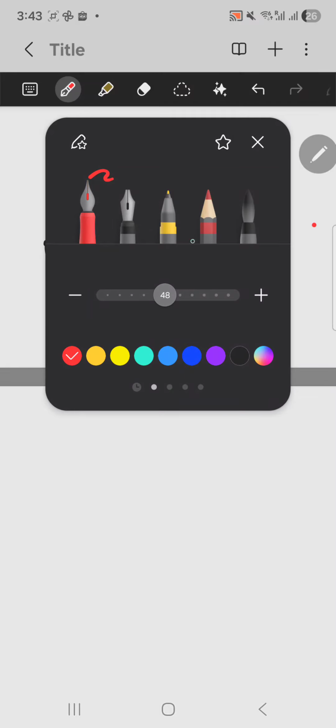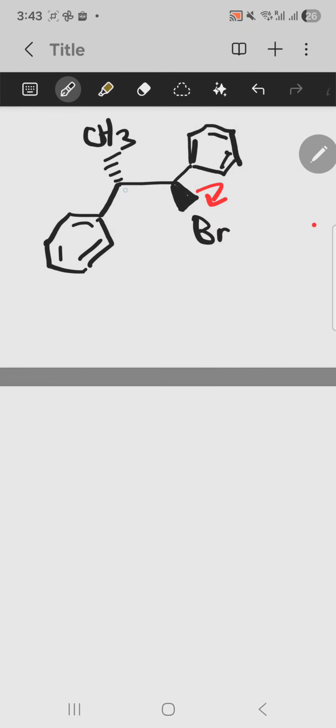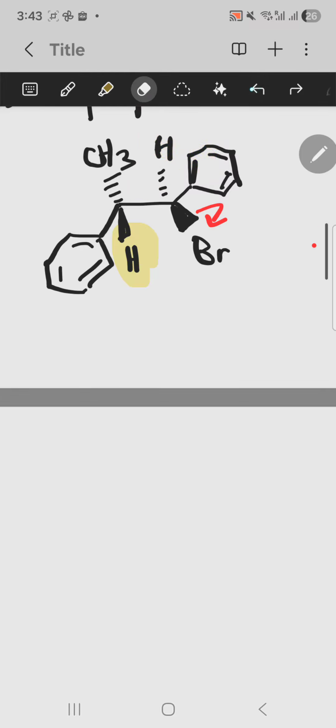So we need to know where is the proton. The proton is here, and then another one is here. But for elimination, of course, this proton matters, not this one, because you are going to have a double bond, which means the proton must be from the neighboring carbon, which is here.